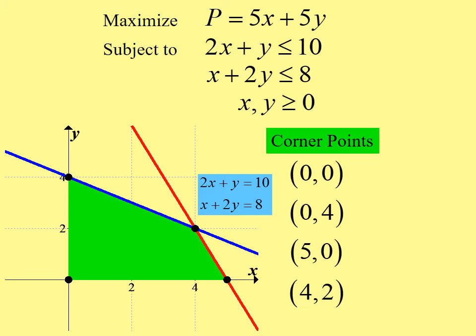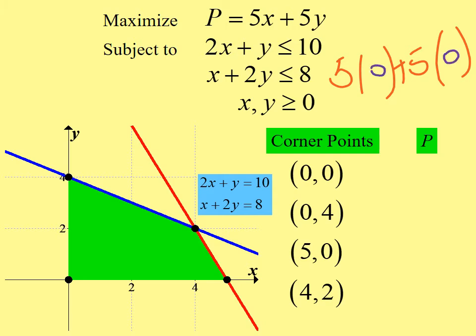Now, we're going to take the optimizing function and plug each of those into it. So our optimizing function is 5x plus 5y. So using the 0, 0, we get 5 times 0 plus 5 times 0. Well, that would be just 0.